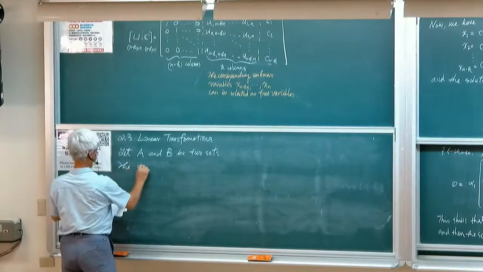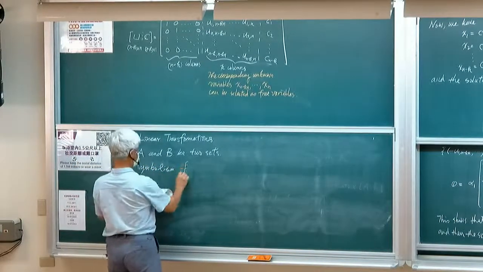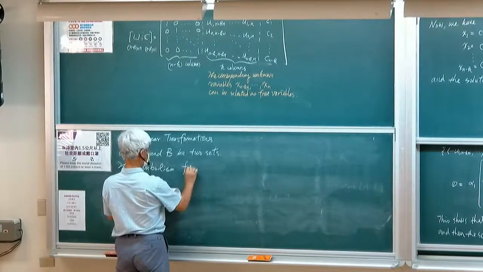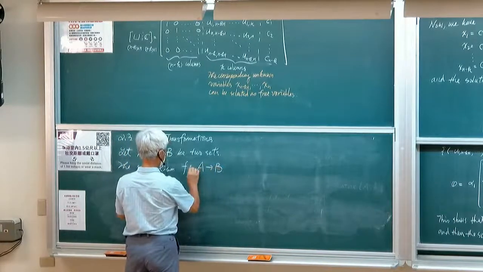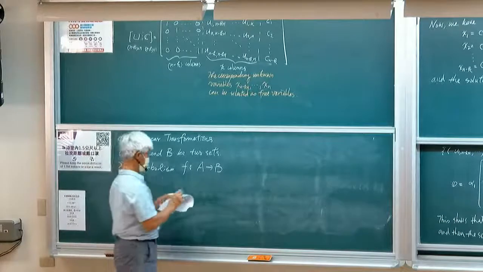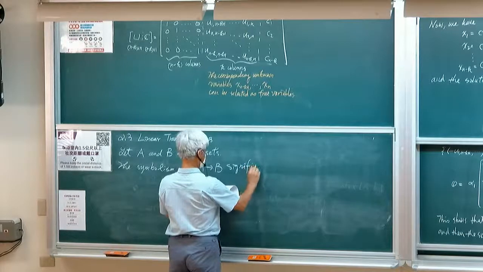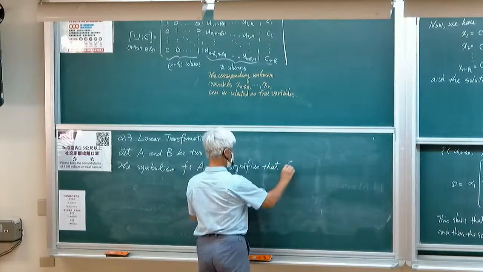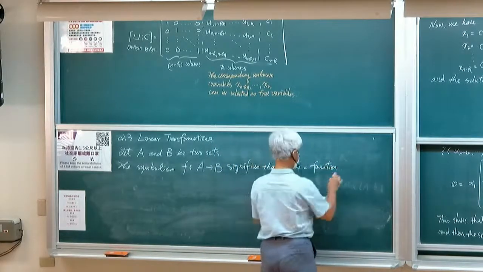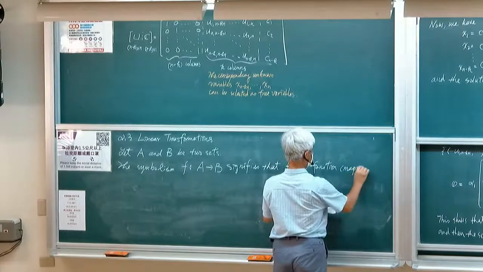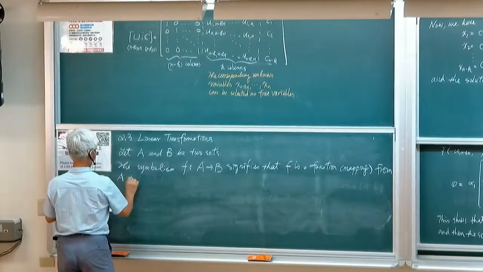The symbolism f: A to B, as is well known, signifies that f is a function. Sometimes people say a mapping from set A to set B.